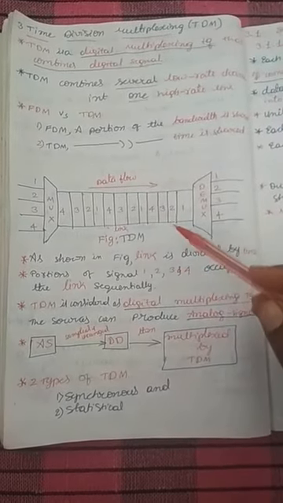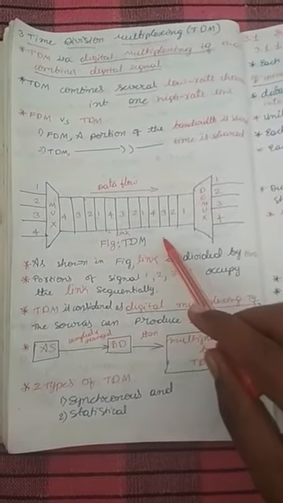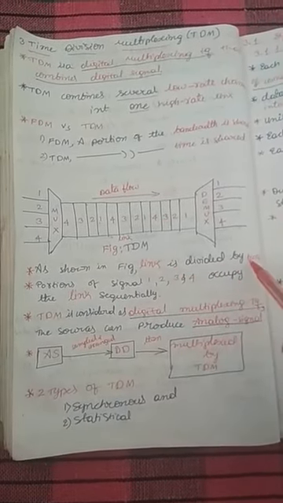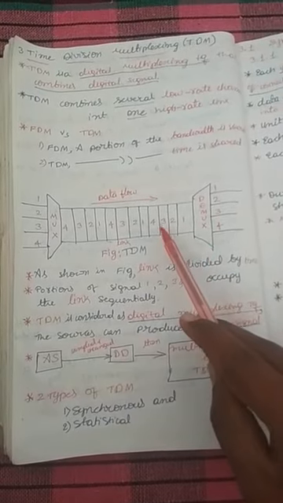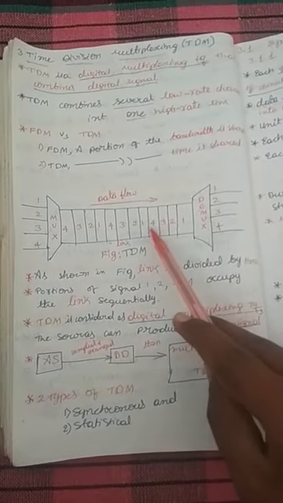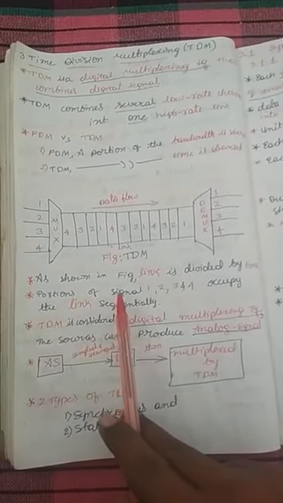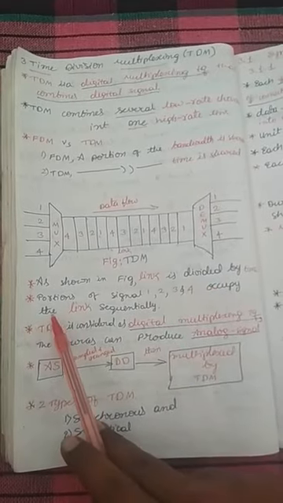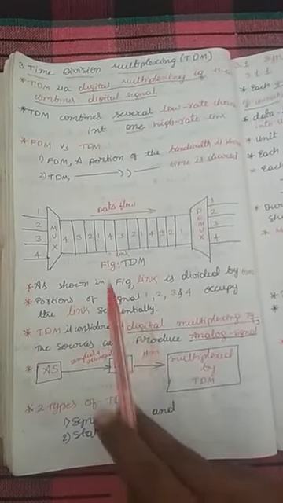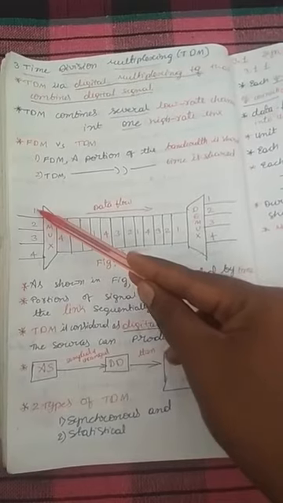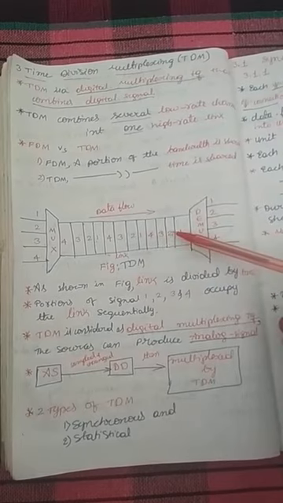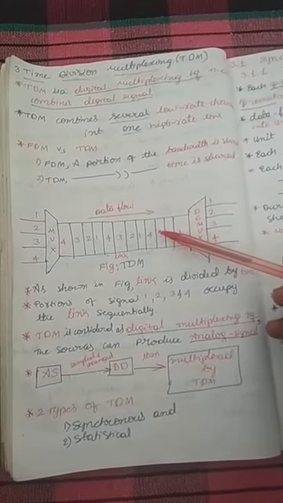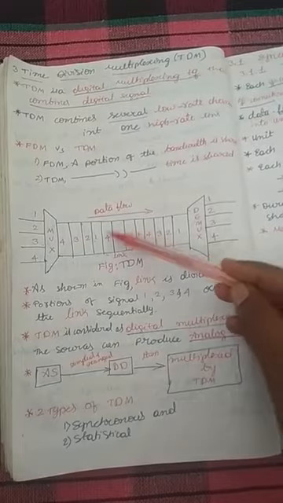Now we will discuss how this TDM works. As shown in the figure, the link is divided by time, this is divided by times 1, 2, 3, 4 like this. Portions of signals 1, 2, 3 and 4 occupy the link sequentially, 1, 2, 3, 4, next 1, 2, 3, 4 like this.